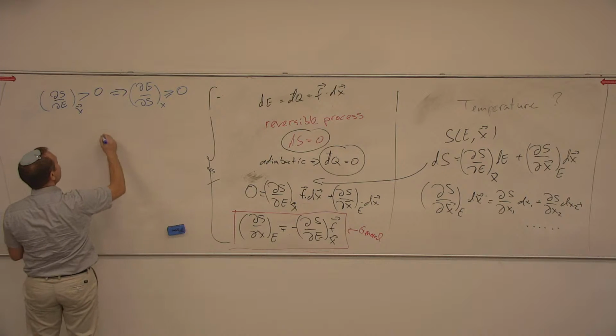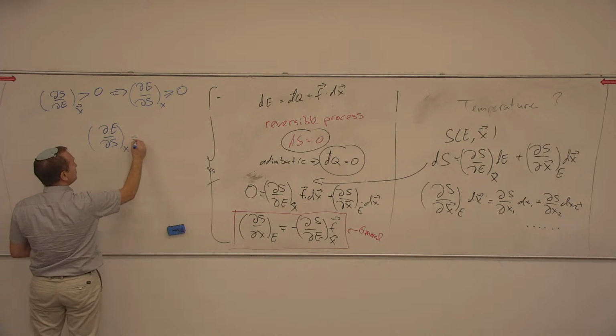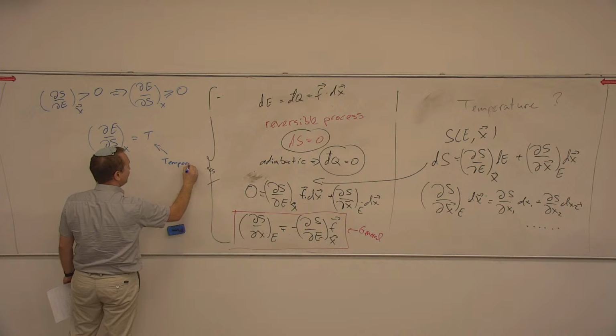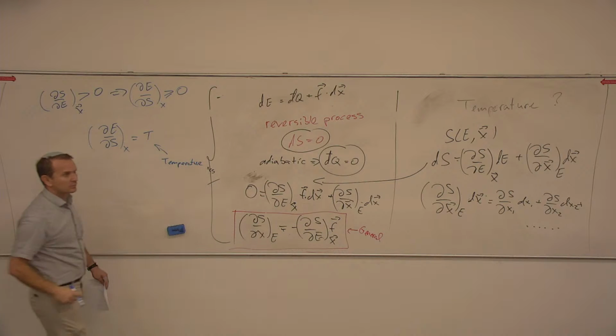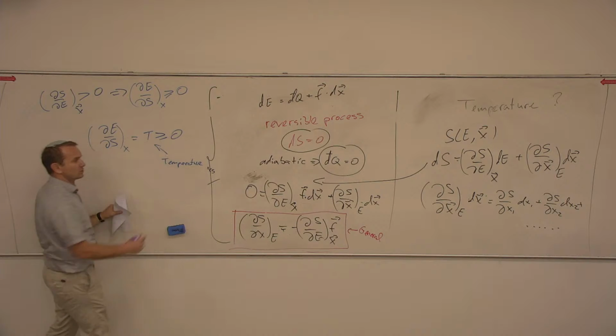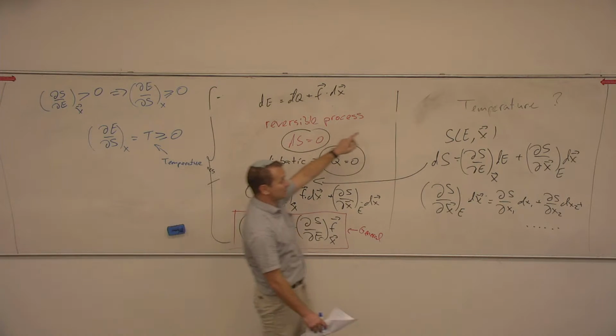So we can say dE to dS is our temperature. So it's not only that we have some function, we also have a connection between this entropy and the energy, and we call this derivative, which is always greater than 0, a temperature. Right? So this is the temperature that we wanted.